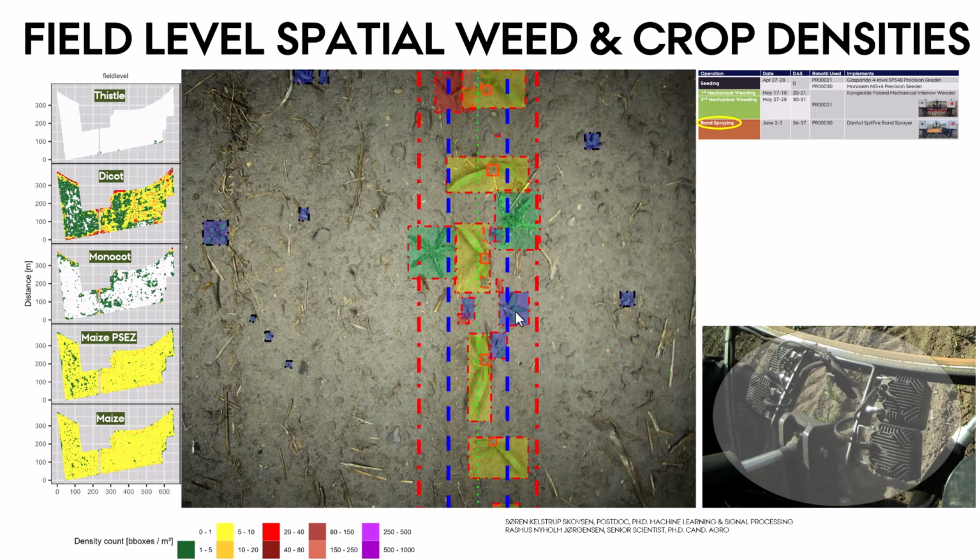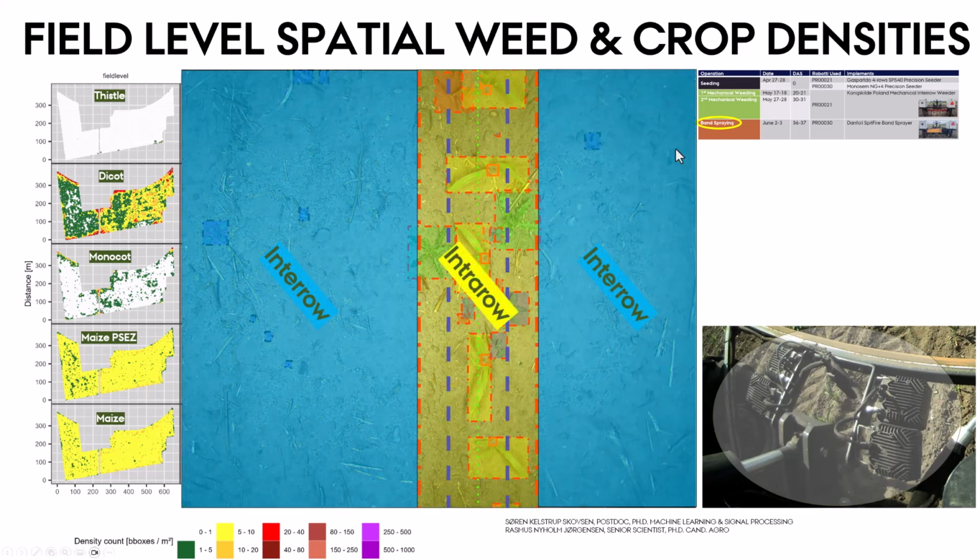So let's zoom in and focus on that. If you're within that area, you belong here, the center of the bounding box. So this bounding box, even though it's outside here, will belong to the intra-row area.